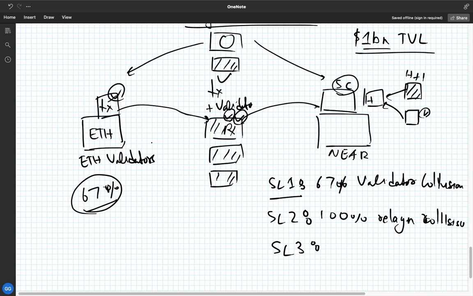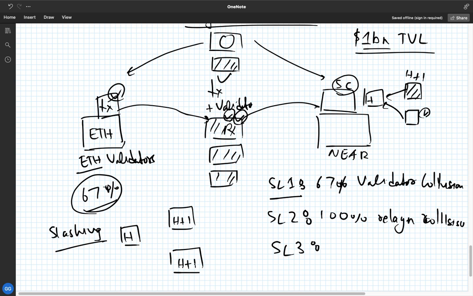In security layer 3, we basically rely on a security feature provided by the Ethereum consensus itself, and that security feature is called slashing. We have all heard of it. So let's see what slashing is. Let's say the blockchain is currently at height H, and some validators collude together and sign off on two different blocks at the same height.